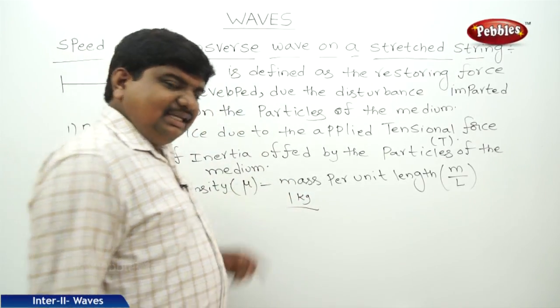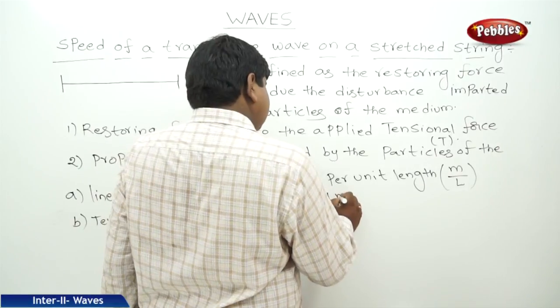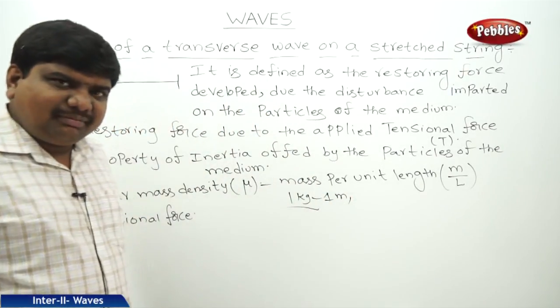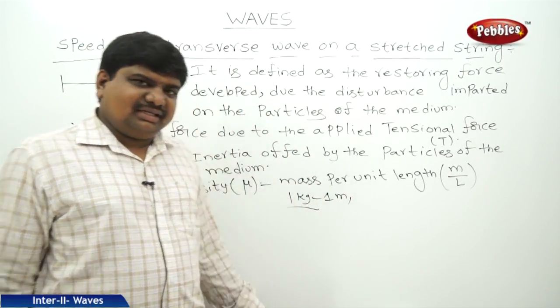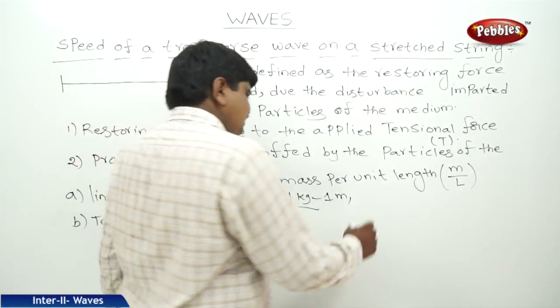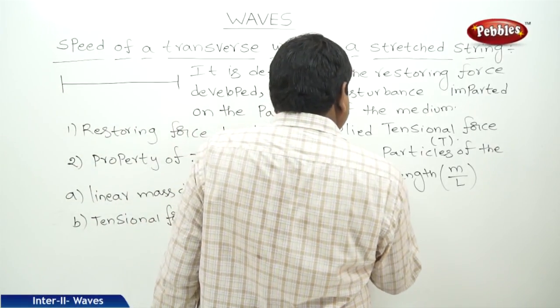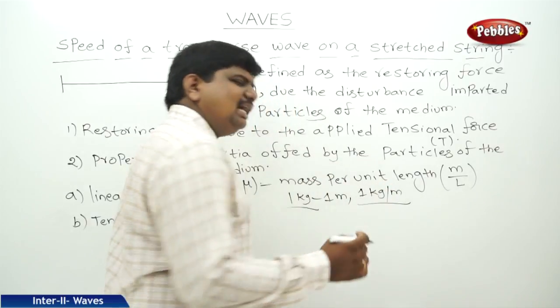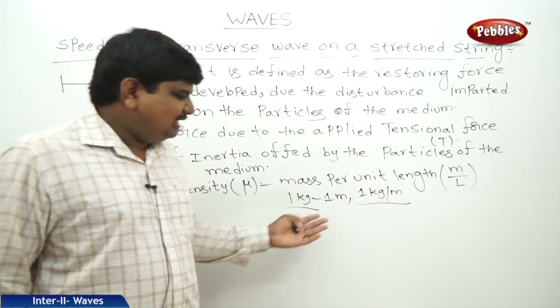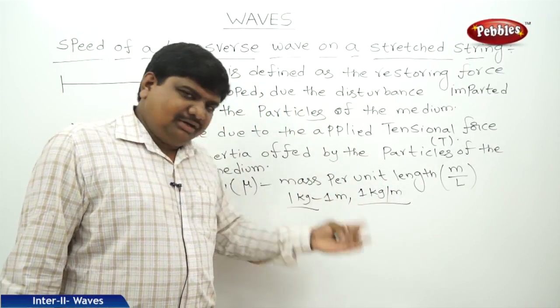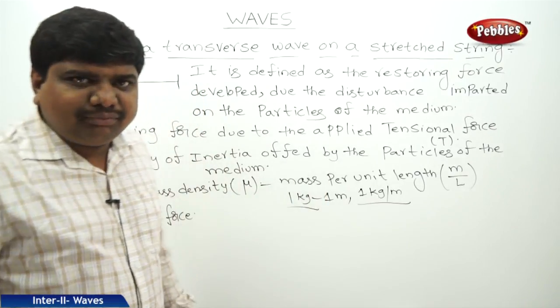Then its linear mass density is mass per unit length, nothing but 1 kg per meter. This was just an example to understand the concept, and may not be the true values.